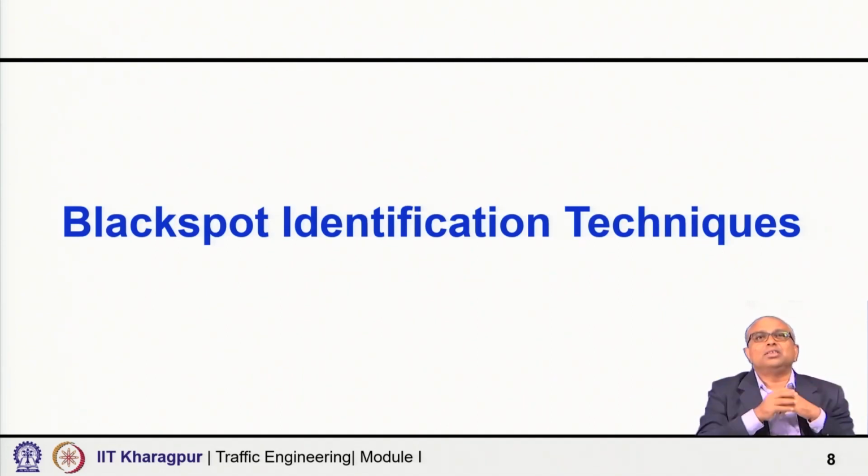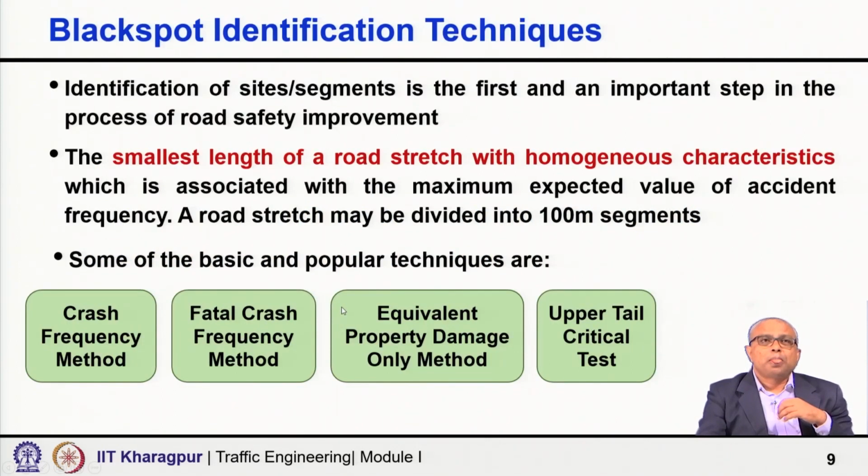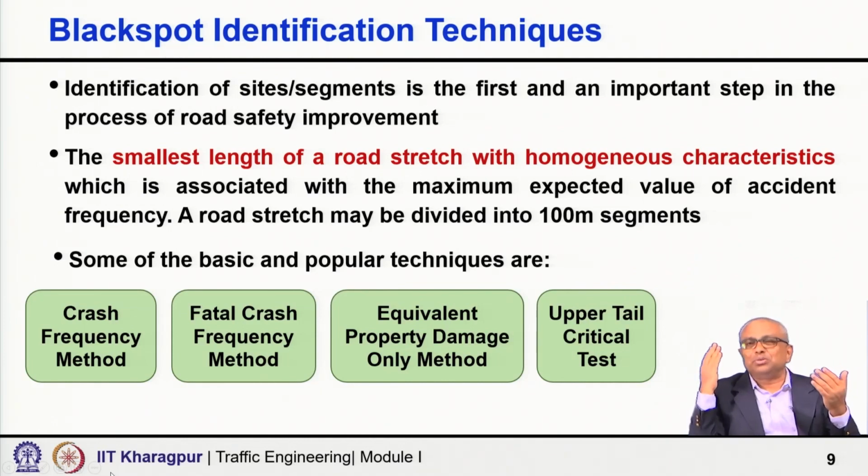Now, let us look at the different techniques which are used for identification of accident black spots. Identification of sites or segments is the first and an important step in the process of road safety improvement. Based on the data, we want to know where the problem exists, location specific. As I said, crashes can occur due to so many reasons, and these are naturally randomly distributed, right.